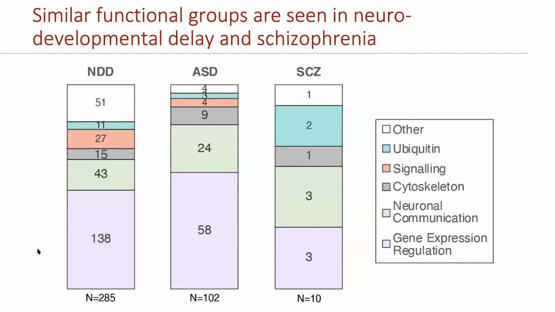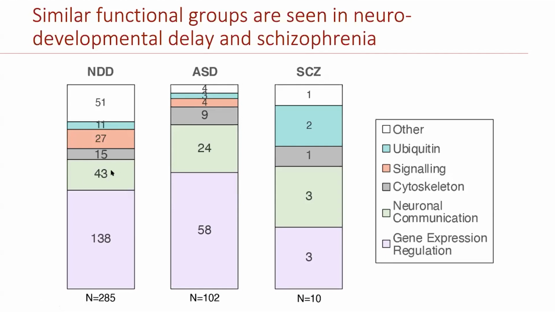Now, if I go and look at the function of these, we find that not only is gene expression regulation the biggest category in autism, that's also the case in neurodevelopmental delay. And it may be the case in schizophrenia. When you've only got 10 genes, it's hard to sort of talk about equivalent numbers, but certainly that signal is present. And secondly, when we look at the neuronal communication group in green, we see that is also present in these.